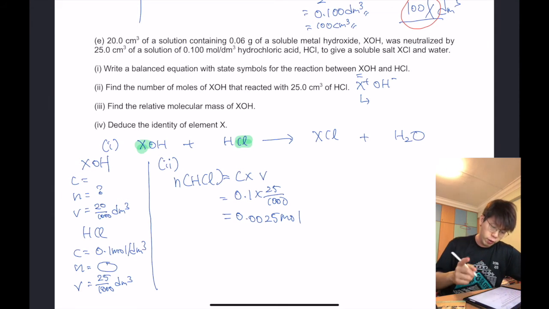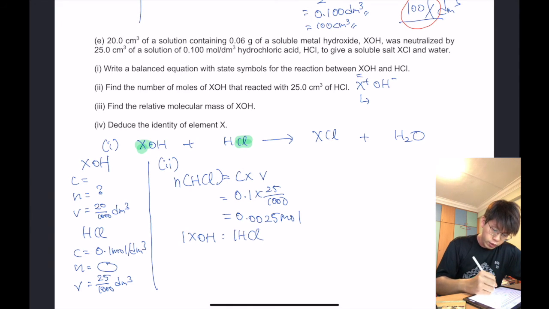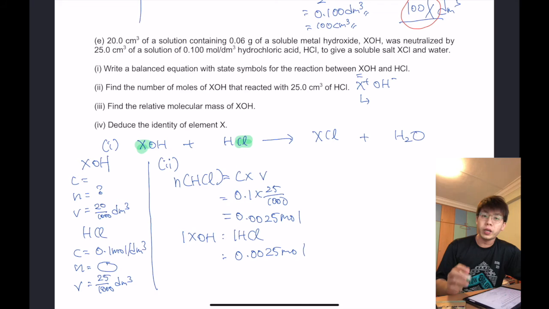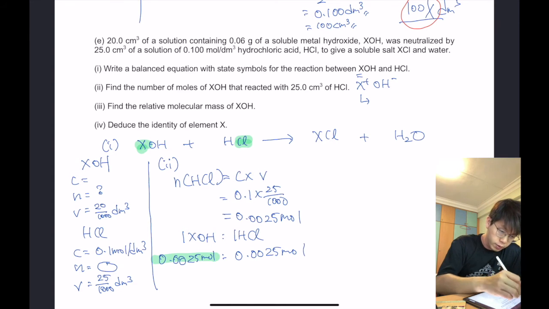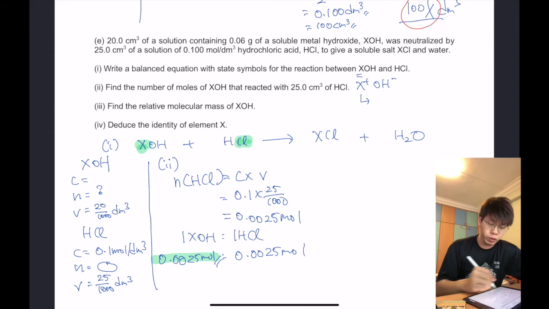After that, I'll do my mole ratio. 1 XOH is to 1 HCl. So my HCl is 0.0025 moles. So how many moles of XOH reacted? Yes, 1 is to 1, so 0.0025 mole. And this would be my final answer. Remember, you need to give this step. If you do not give me the mole ratio, I can't give you any marks.